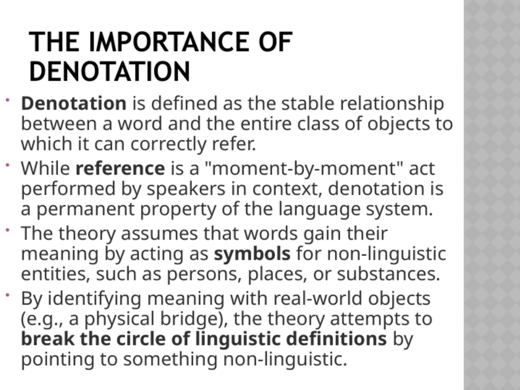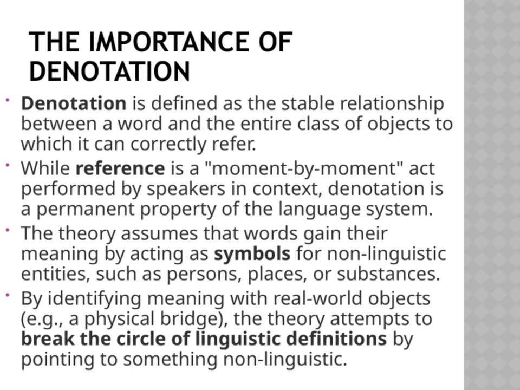The theory we're discussing suggests that words get their meaning by acting as symbols for non-linguistic entities, things like people, places, or substances. For example, the word bridge symbolizes a physical structure that connects two points. By tying meaning to real-world objects, this approach tries to break the cycle of linguistic definitions that can become circular.